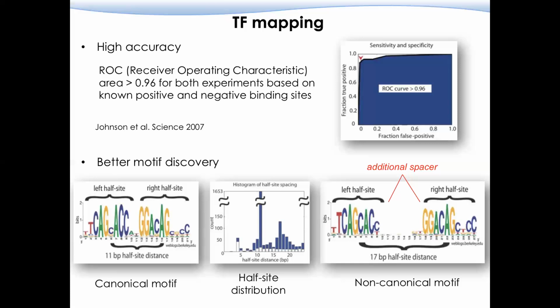However, we see some peaks here at about 16. So what does that mean? It means the left side and the right side are separated a little farther, and they found there is no additional consensus sequence in the middle. So there is a spacer here, and it's a novel motif.